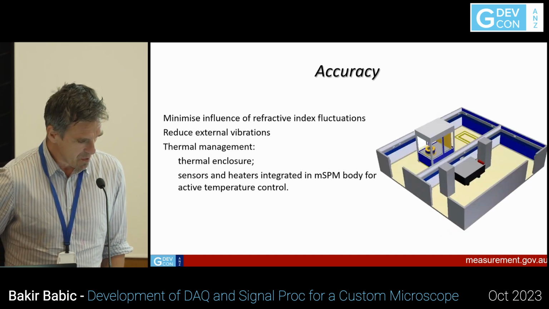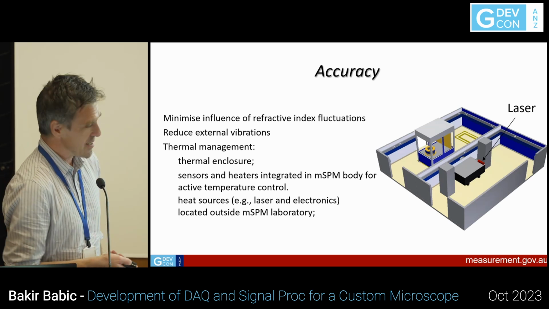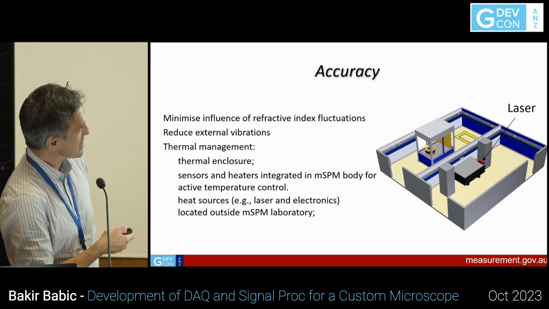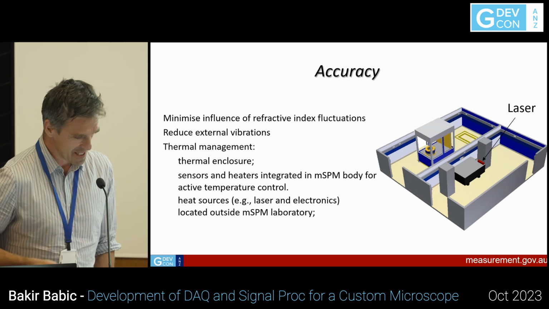And for that reason, we also try to reduce those uncertainty components by putting all our heat sources in one room and the instrument in the other room, with optical fibers in between. That's just an example.